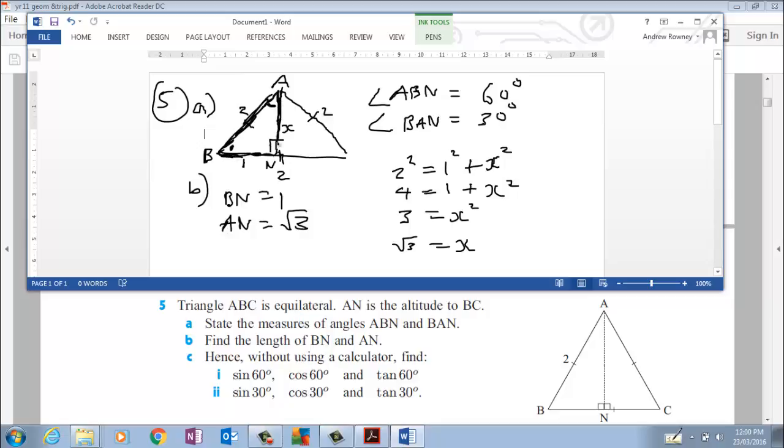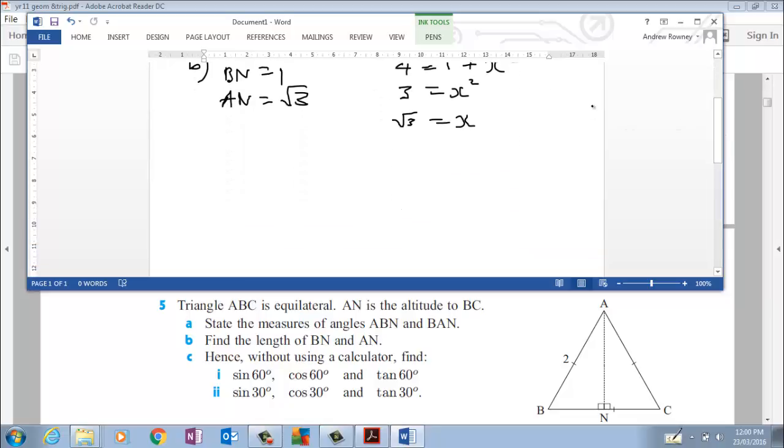So just for neatness, I'll draw just that one again for part C. So doing the left hand side only, we have a triangle looking like this. This here is 2, this is 1, that there was 60 degrees, and that up there was 30 degrees. And we just worked out that to be root 3.